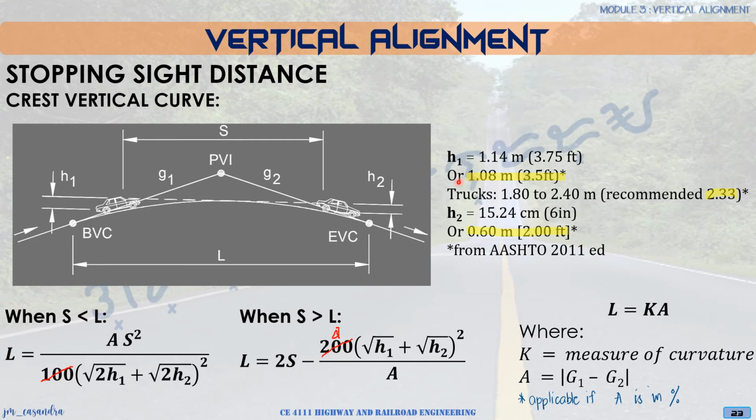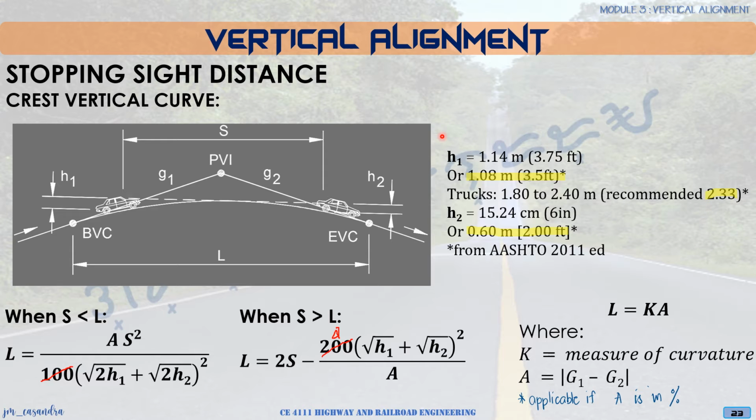So these values now, the 1.08 meters and the 0.6 meters, are taken from a study by the AASHTO, wherein for each one, the driver's eyesight for passenger cars has been reduced from 1.14 to 1.08. Kasi before, there were higher heights of vehicles.